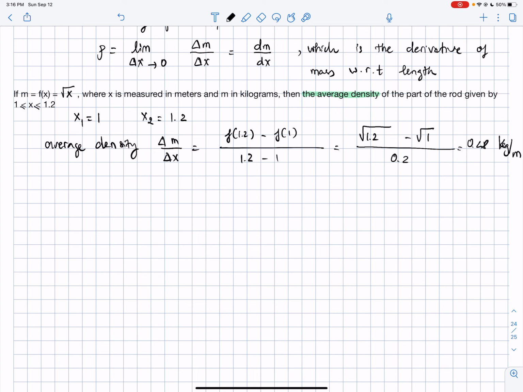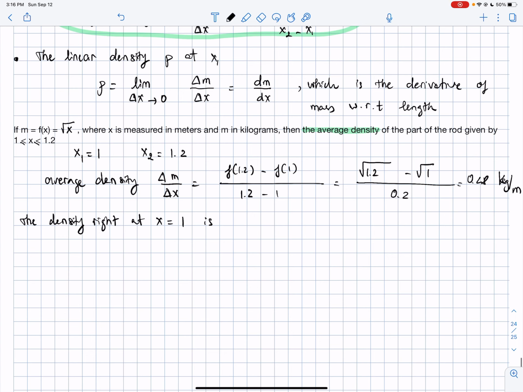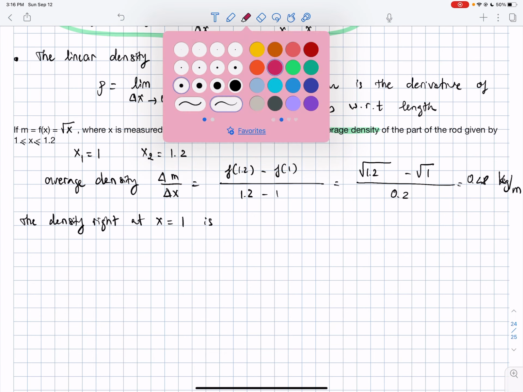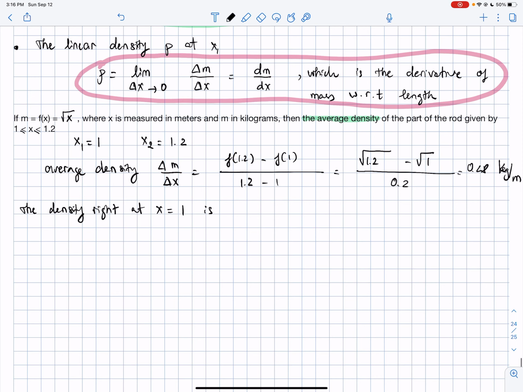And if we want to find the density at x equal to 1, we will use this formula. We just take the first derivative of the function m. So the function m is equal f of x equals square root of x.